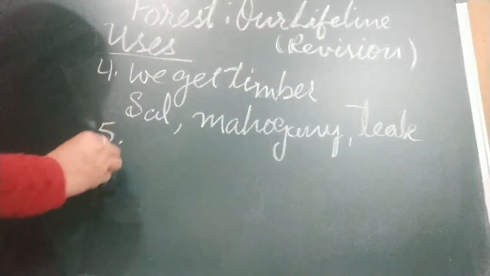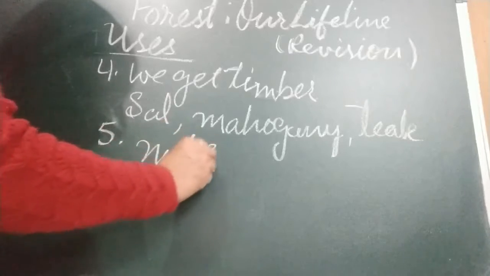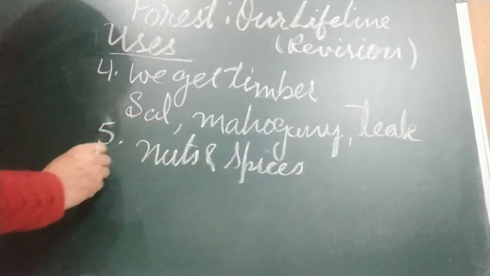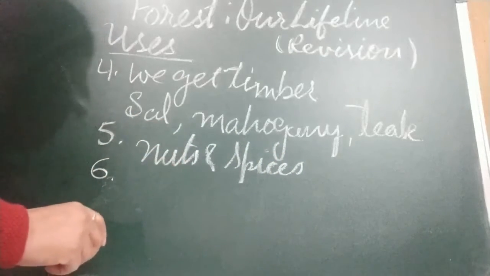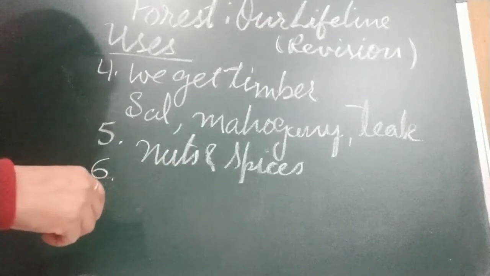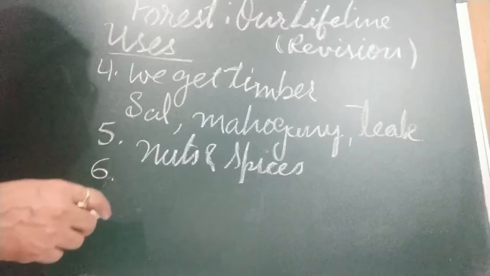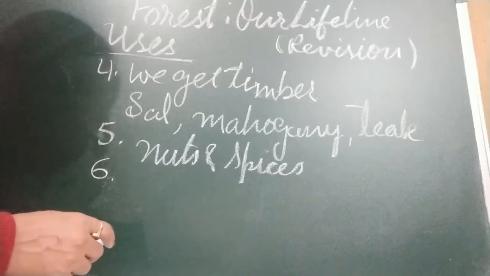Fifth, we get nuts and spices from plants. From many plants we get medicine. We make Ayurvedic medicine and we call those plants medicinal plants.